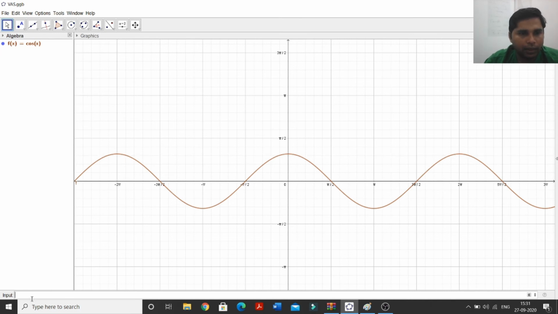So I'll sketch the graph of cos x between, this is cos x, use the function command here, and you write the start value. The start value is 0, end value is pi.